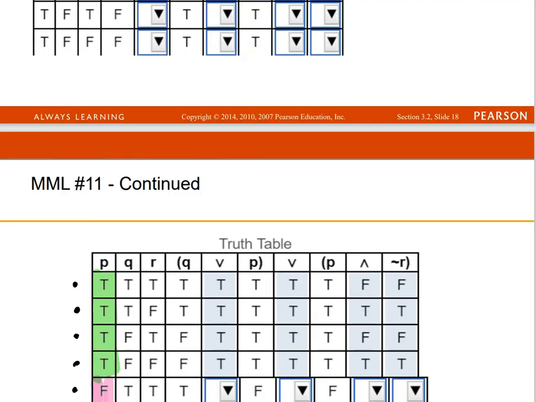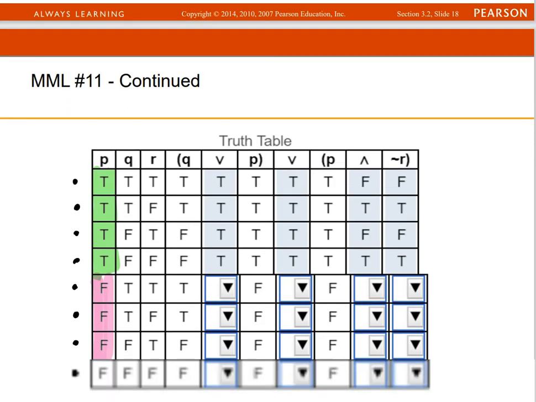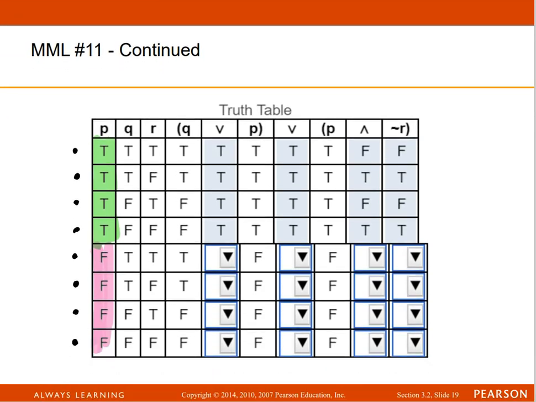Not sure what's going on, sorry. 4 F's. When you go to Q, Q has 2 T's and then 2 F's. Come on, computer. Work with me here.